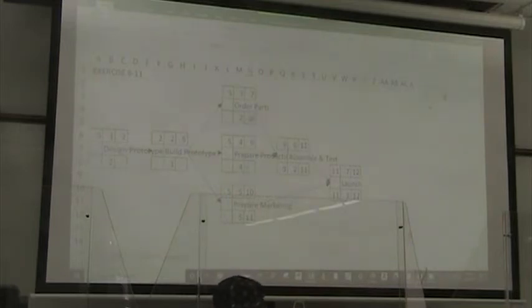Our late finish times for both order parts and prepare production will be equal to our late start time for assemble and test.